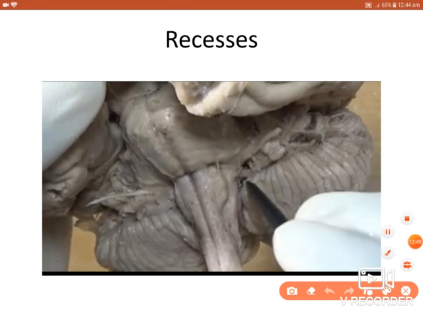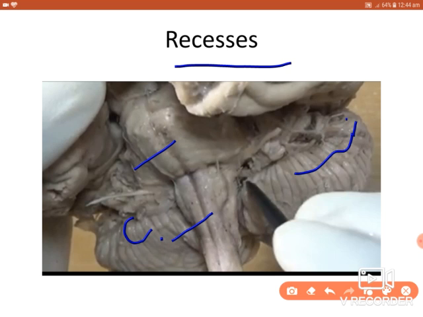Okay, in this figure you can see the lateral recess. This is the ventral aspect of the medulla and the pons. Posteriorly there is the cerebellum. This is the flocculus of the cerebellum. Here is the pyramid and olive. This is the inferior cerebellar peduncle.